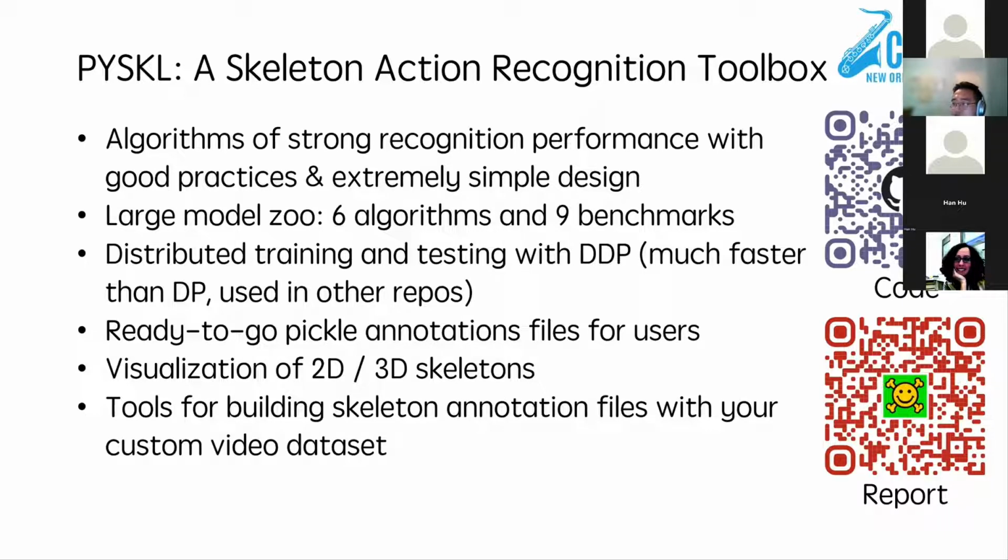We provide ready-to-go pickle annotation files for users, and you can directly run training and testing for each algorithm with these pickle files. Besides, we also provide tools for skeleton visualization and annotation generation for custom video datasets.